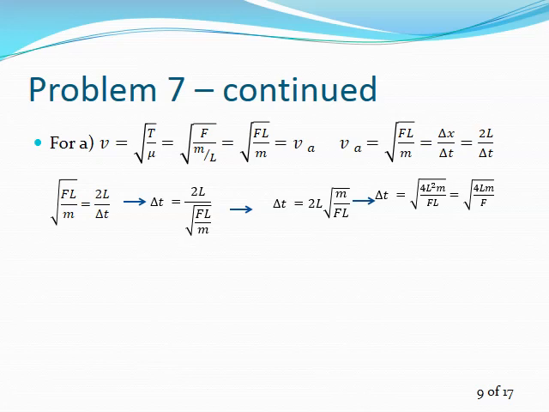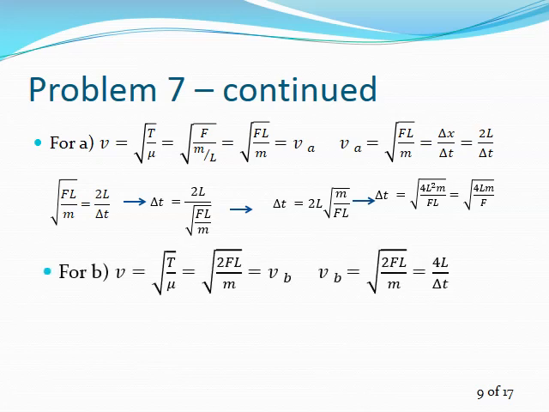Well, you notice I have an L squared on top and an L squared on bottom. An L squared on top and an L on the bottom. One will cancel, and I'm left with this final expression of the square root of 4 times L times m divided by the force F. So that would tell us the time it takes for it to travel from one end of the string down to the other end and back.